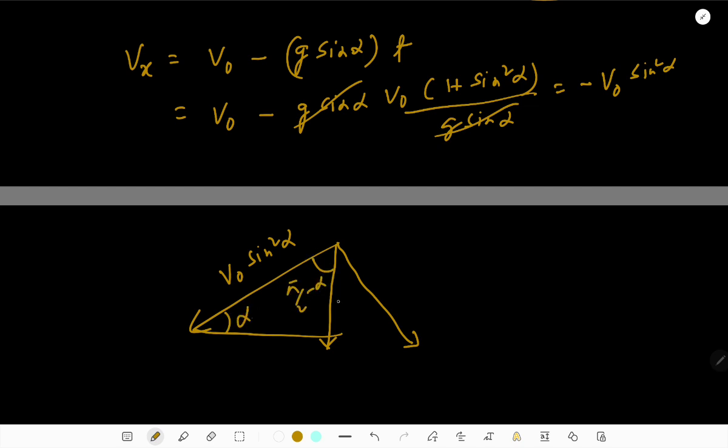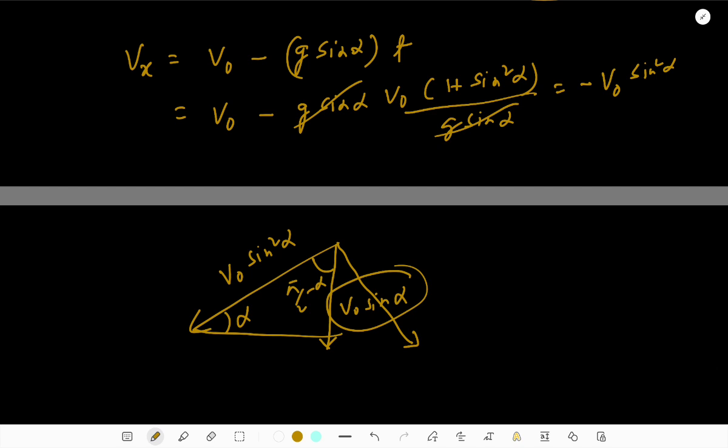And if I think the velocity of the cube at the moment it returns to the starting point on the wedge is v naught sine alpha in the vertical direction, then its x component is going to be v naught sine square alpha only. So this is the velocity. I can guess it, and this is the answer.